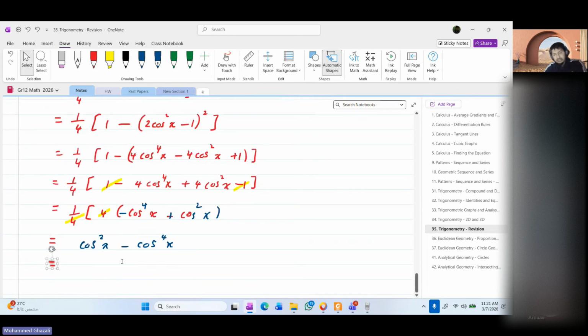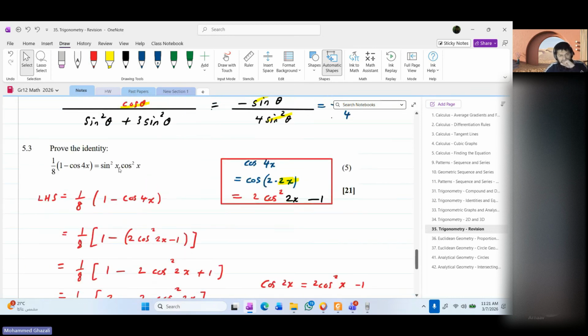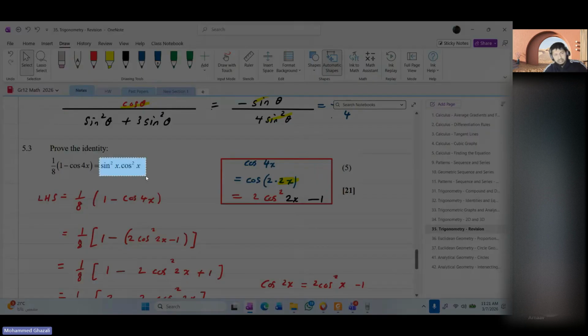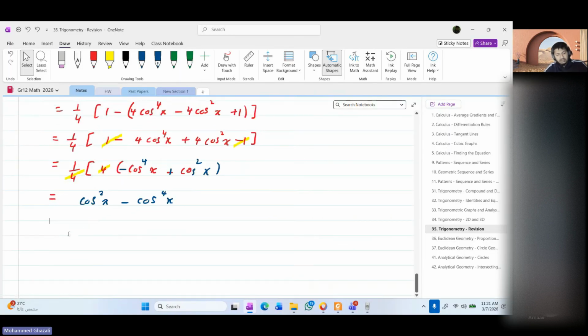Don't we have this simplified form? And then obviously you can also do this now. That was the left-hand side. So if you get stuck over there, do the right-hand side as well. We can do the right-hand side and see, this is RHS, okay? We can just make the left-hand side equal to the right-hand side if you get stuck like this.